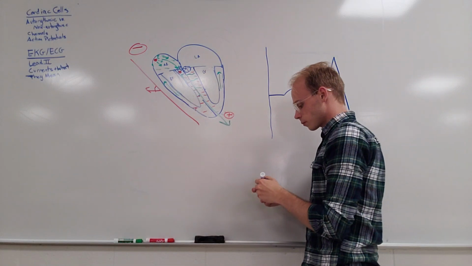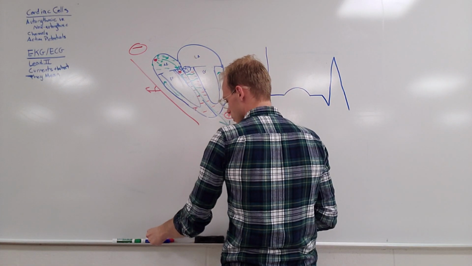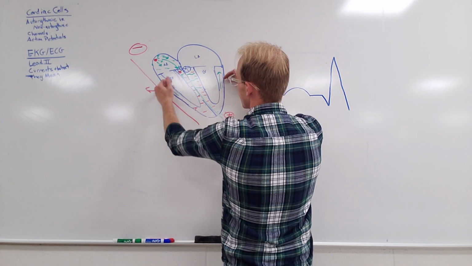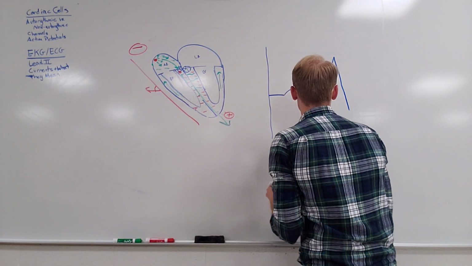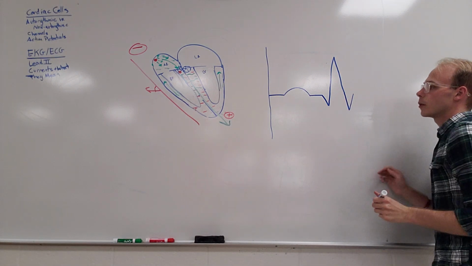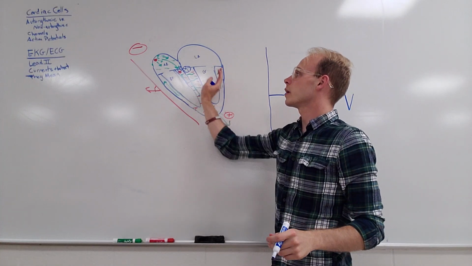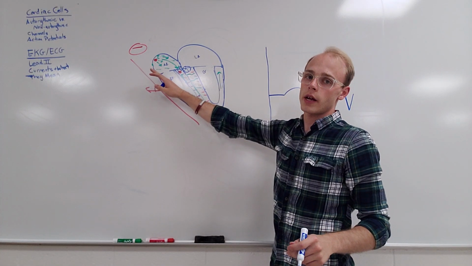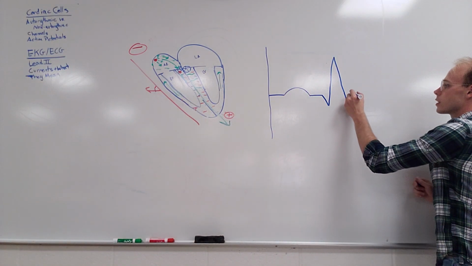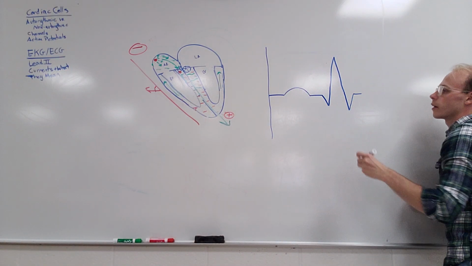And then what happens? Eventually they reach all the way up, and so we're going to slowly get less depolarization, at which point the heart will be entirely depolarized. So you'll have negative charges all over the heart. And that's why we have this little space right here.